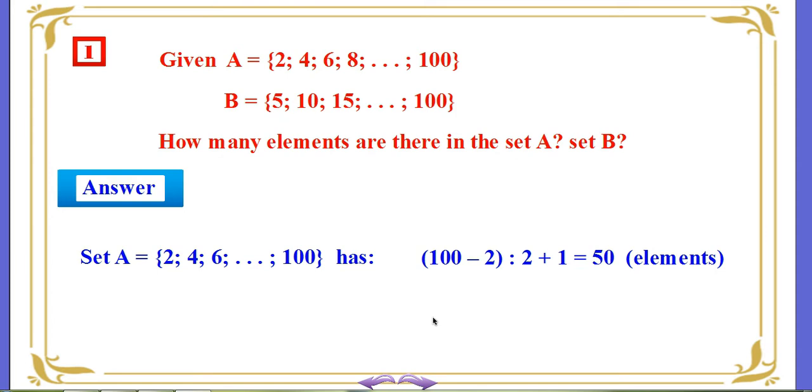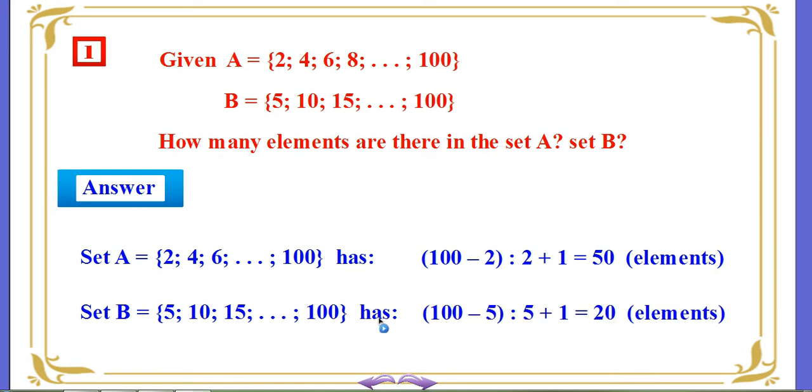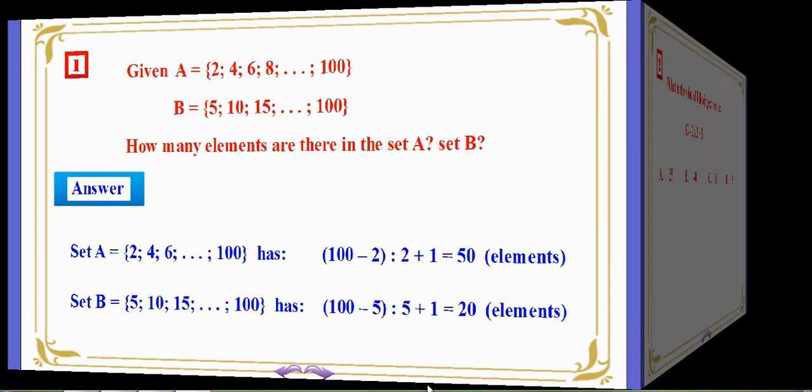The formula for calculating the number of elements in set B is the maximum number 100 minus the smallest number 5, and then divide by the distance between two consecutive numbers, which is 5. And then plus 1 shows the answer we get is 20 elements. We continue to solve exercise 2.